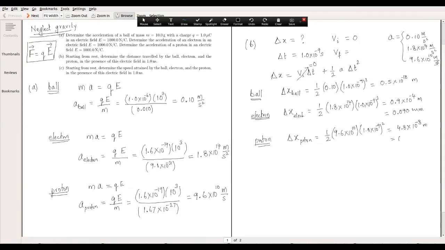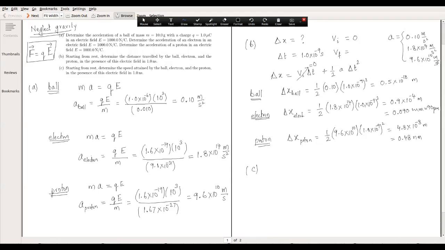That's about 0.48 nanometers, which is an atomic scale. The electron's distance, about 90 micrometers, means about 90 bacteria could fit within that distance, a large number, while here it is in nanometers, a small number. So proton and electron are orders of magnitude apart.